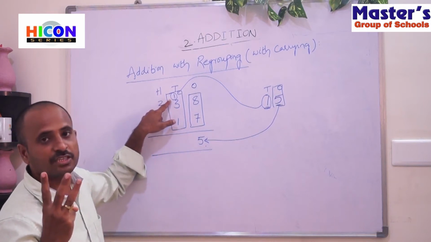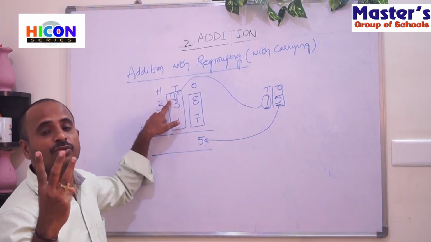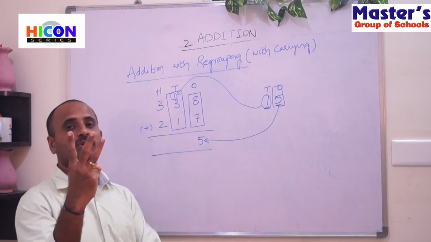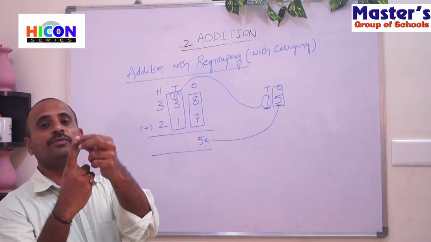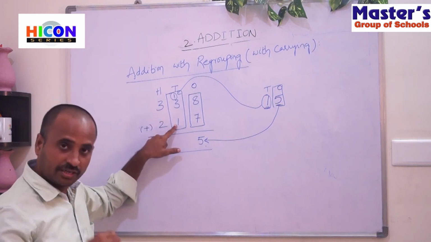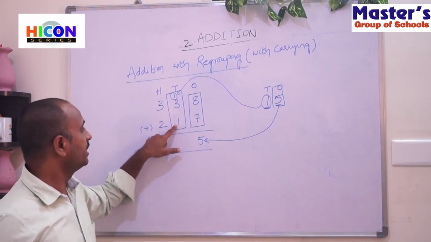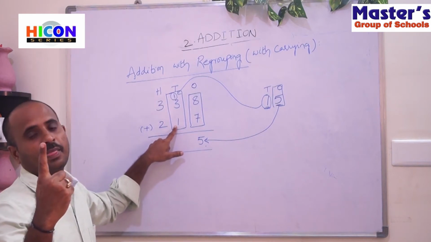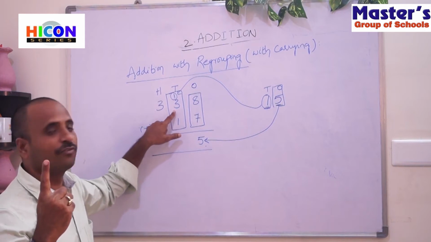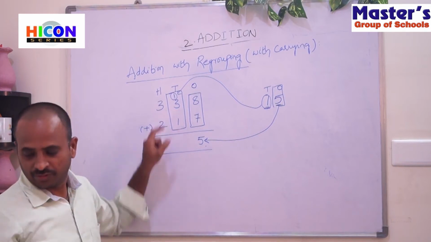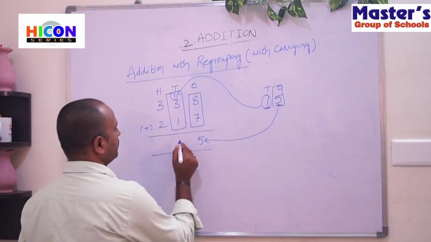Here the first digit is 1. After 1 we get 2, so start counting from 2: 2, 3, 4. So the answer is 4, and again there is a third digit, 1. Lift one more finger. Here we get 4, and after 4 we get 5. So the answer is 5.